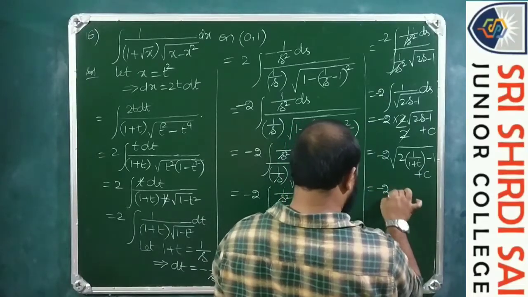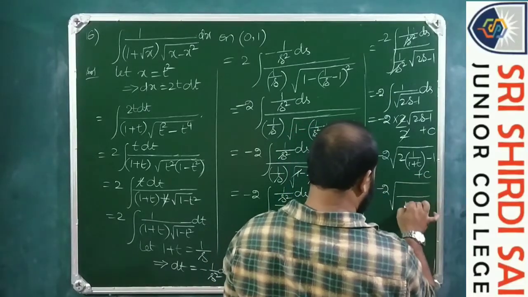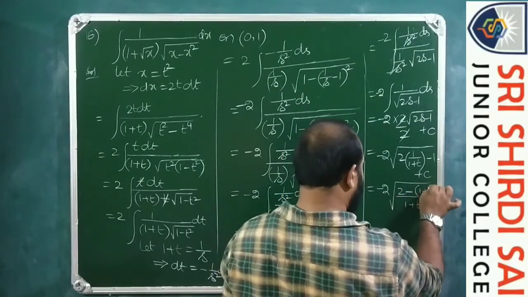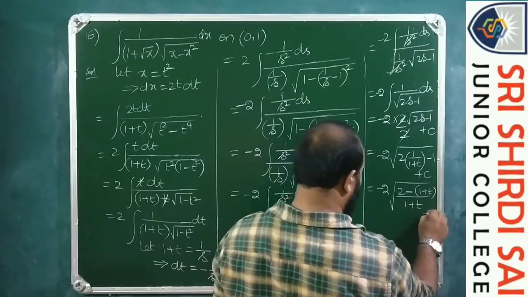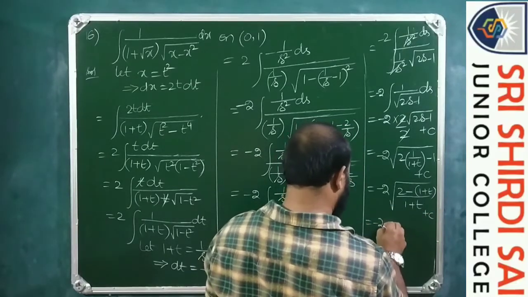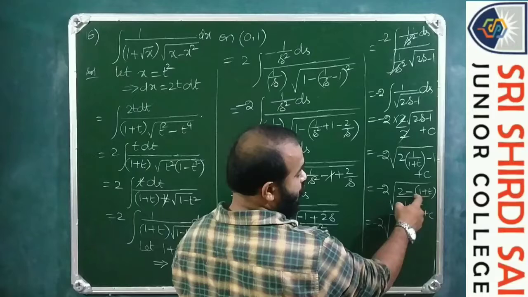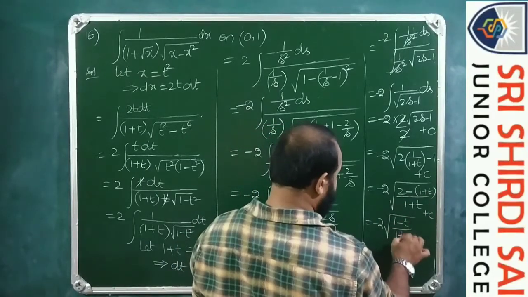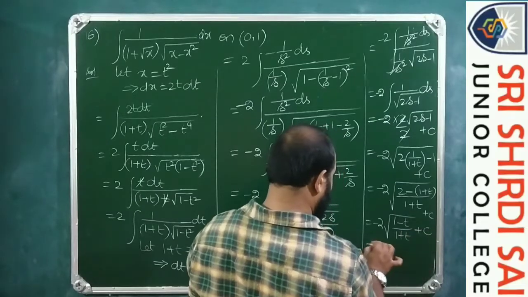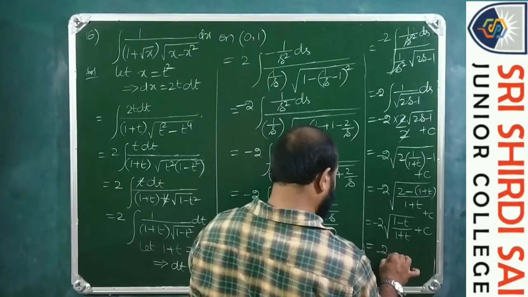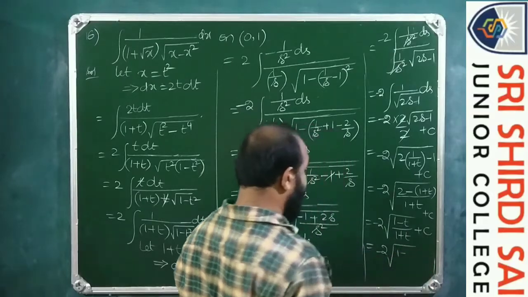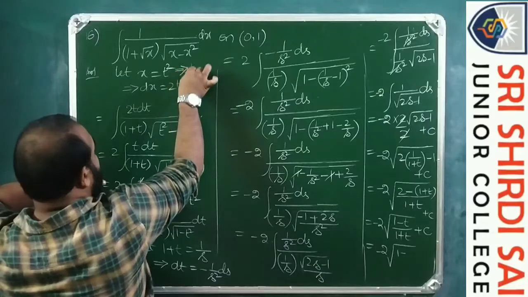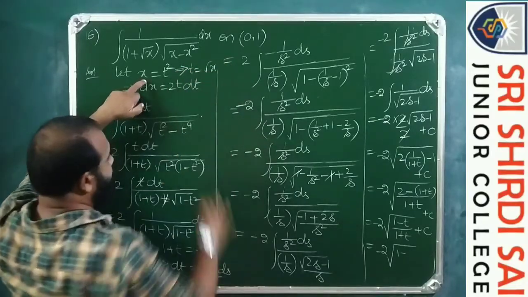So this is minus 2. The LCM here is 1 plus t. So 2 minus of 1 plus t, plus constant of integration c. So minus 2 square root of 2 minus 1 minus t, 2 minus 1 is 1 minus t, by 1 plus t, plus c. So this is minus 2 square root of (1 minus t) by (1 plus t), where x is equals to t square, while t is equals to root x.